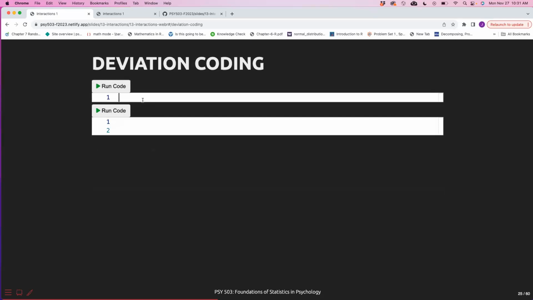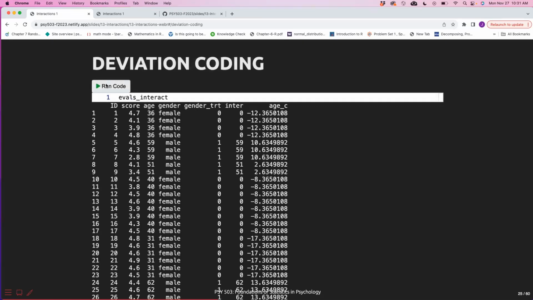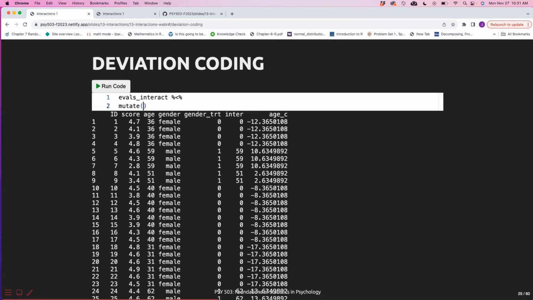So let's go ahead and add our deviation coding into our model. I'm going to use a mutate function and add a gender dev code, and then run a regression model on that.